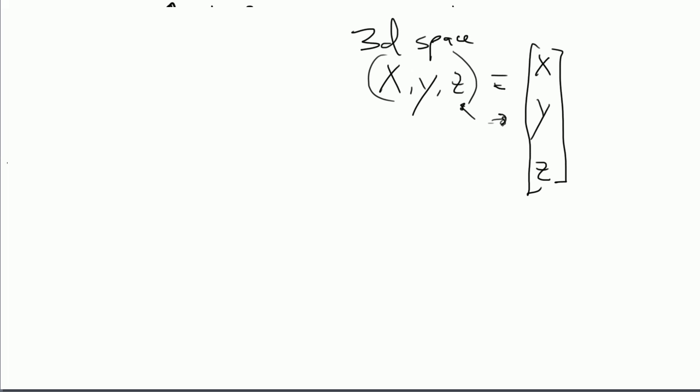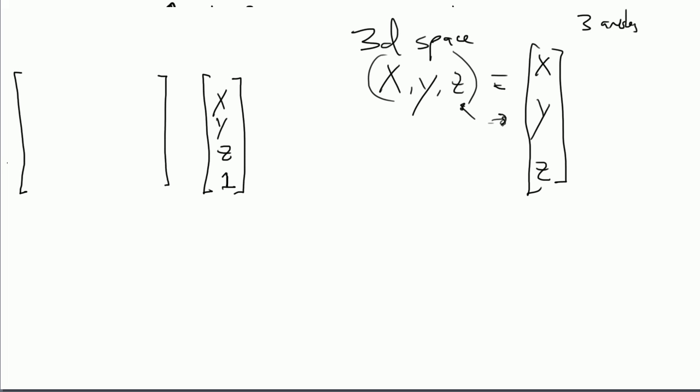That in 3D space you actually have 3 angles of rotation about the x, y, and z. That said, if you have a vector stacked up like this, x, y, z, and then later on you're going to see we're going to add the 1 here so we can take advantage of not a 3 by 3 but a 4 by 4 rotation and translation matrix, where you start with 1 0 0 0, 0 1 0 0, 0 0 1 0, and 0 0 0 1.